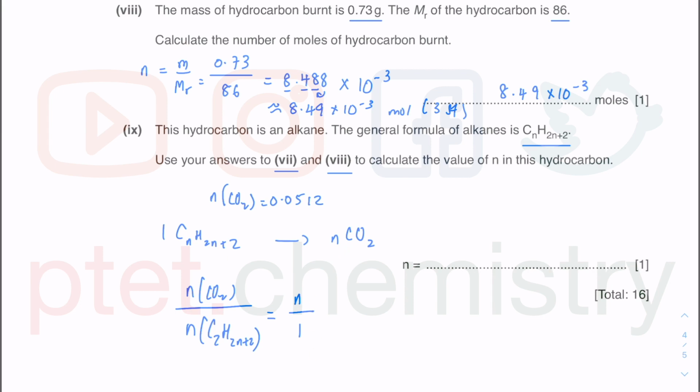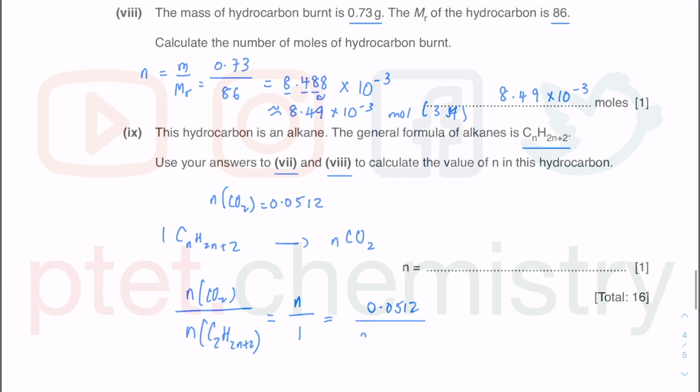So this is from the balanced equation, n number of CO2 from one of these. And your answer to part 7 is this mole of CO2, so that goes up there. Your answer for the mole of the hydrocarbon, which is 8.49 times 10 to the minus 3, goes down there.